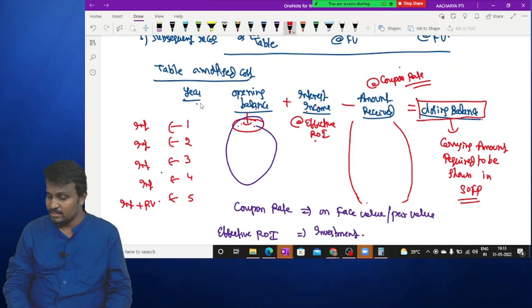Coming to the first one: a company invests $5,000 in 10% loan notes, and the loan notes are repayable at a premium after 3 years, and the effective rate of interest is 12%.